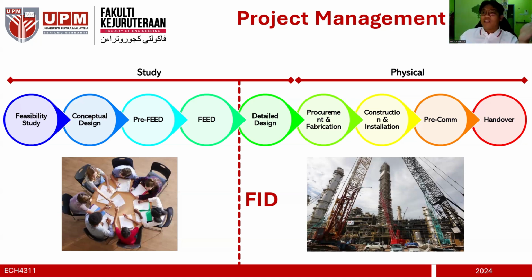And then you go to pre-FEED. Some companies have pre-FEED, some companies don't. And then you go to FEED, front end engineering design, or called basic design, where the cost can be further refined to plus or minus 10% of your CAPEX.